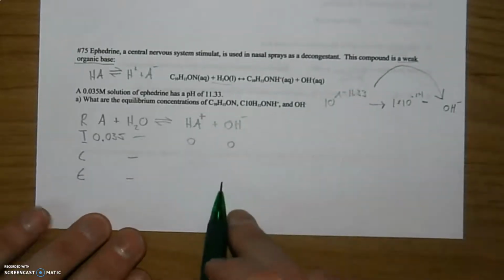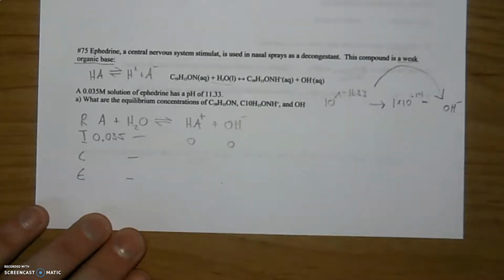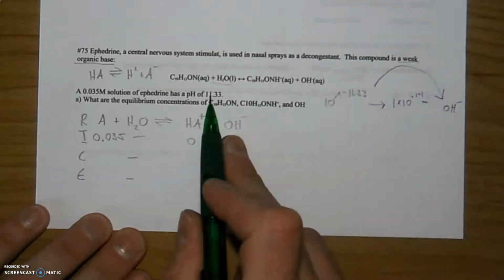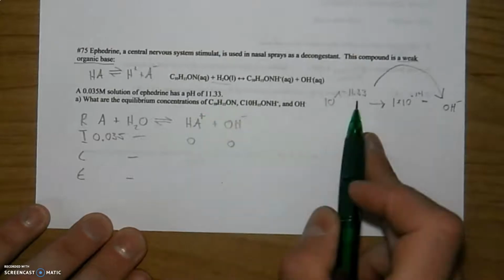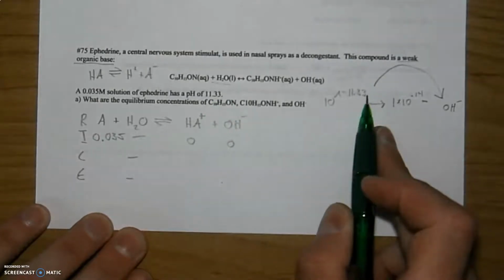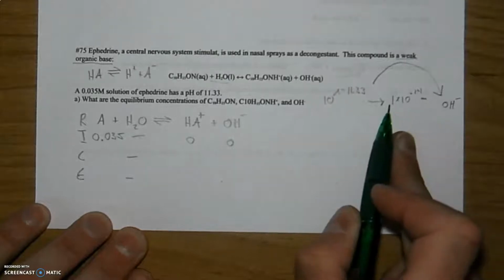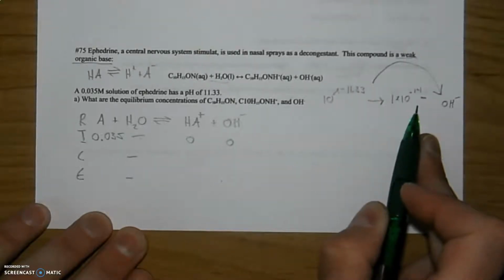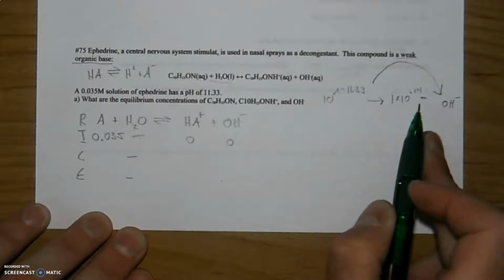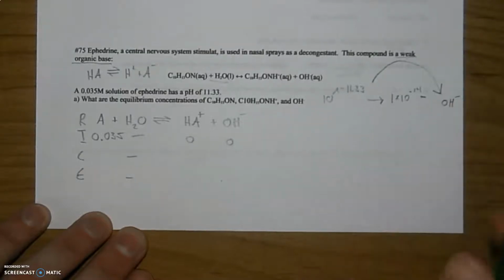I want the OH concentration to solve this problem. So again, I have a pH. I can take pH and turn it into hydrogen ion concentration. Having hydrogen ion concentration, I can subtract that from the Kw value, which is right here. That's a constant. And that gives me the OH concentration.